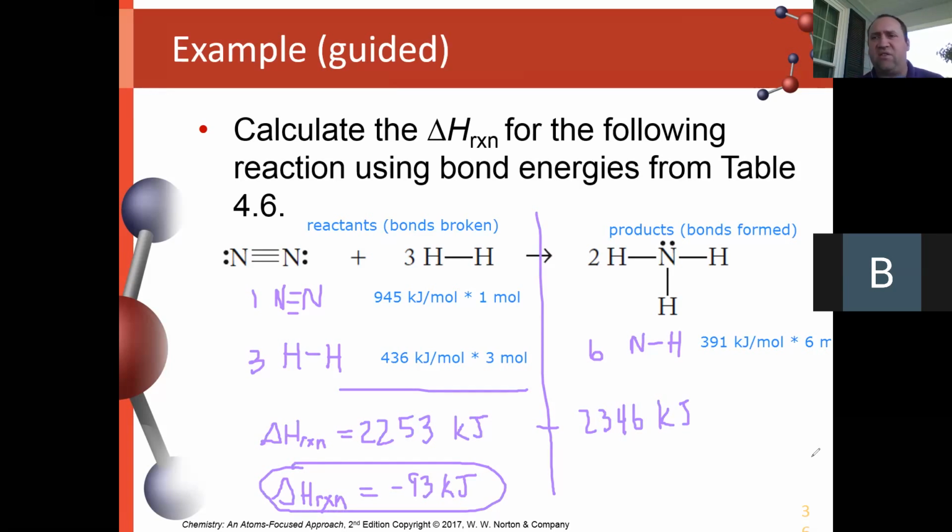And again, for the sig figs, since we are subtracting, the ones place is what is maintained because the ones place is the last digit in each of those values. So we round to the ones place, which gives us our negative 93. All right. Any questions about this example?